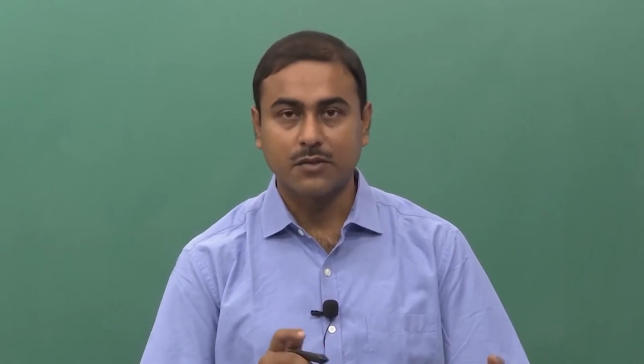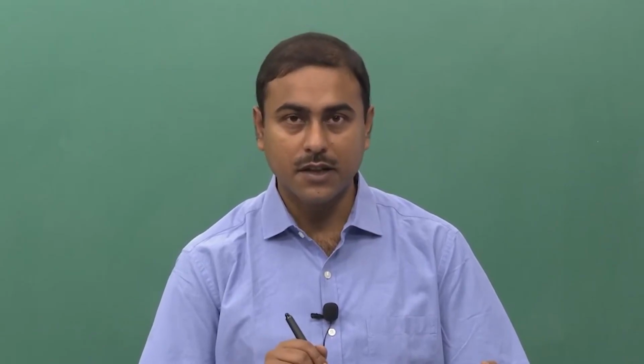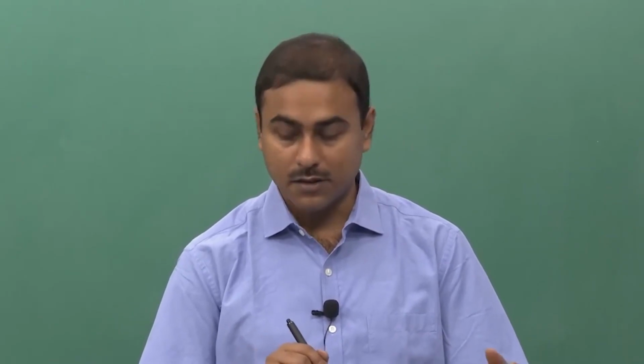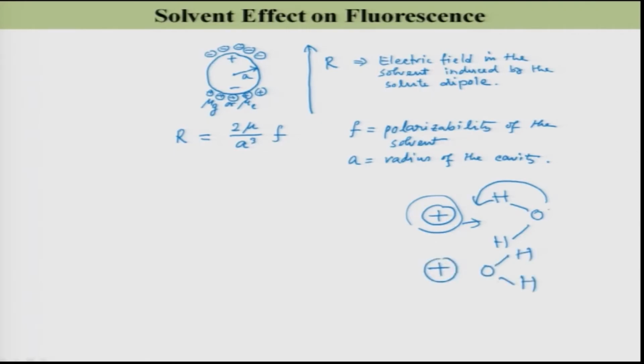O is partially negatively charged, H is partially positively charged. If you have a positive charge over here, which is the solute, and a water molecule is present like this, because of the influence of this charge, the water will reorient, so that the final arrangement will be something like this. That is the reorientation of the water.